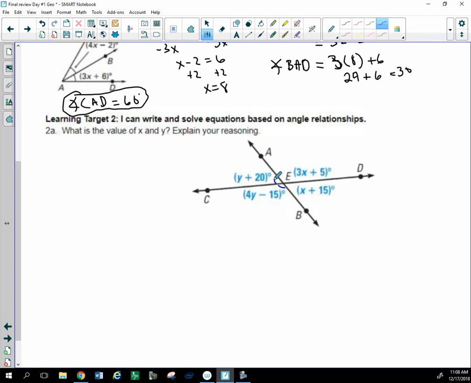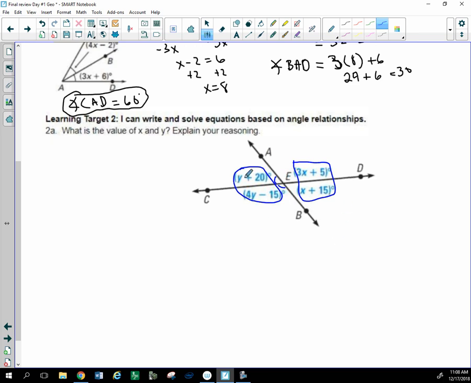I've got to combine these 2 angles so they have the same variables in them. I don't want to cross diagonally because I don't want to combine x's and y's together. I want y's with y's and x's with x's.